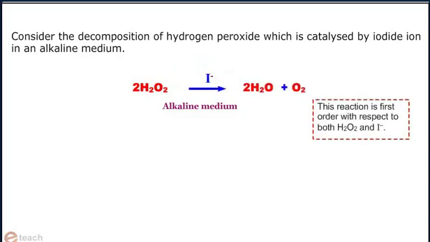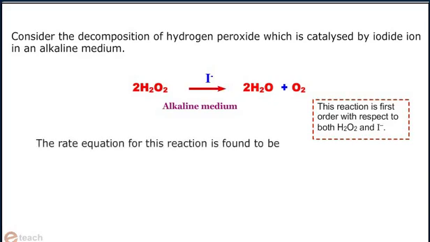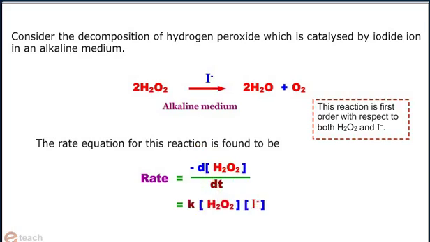This reaction is first order with respect to both H2O2 and I-. The rate equation for this reaction is found to be rate equals minus d[H2O2]/dt equals k times the concentration of H2O2 multiplied by the concentration of I-.